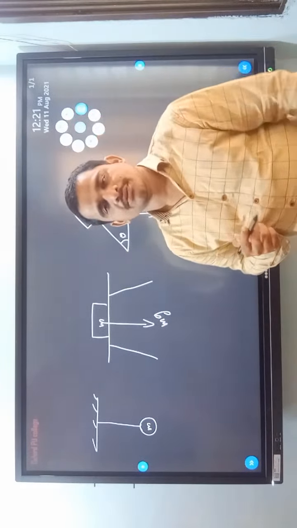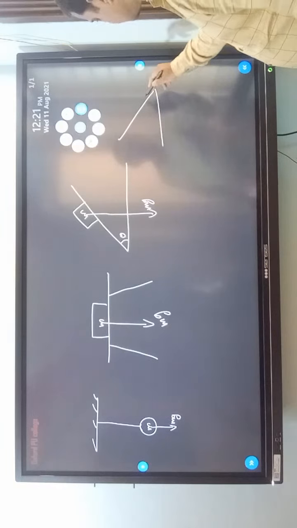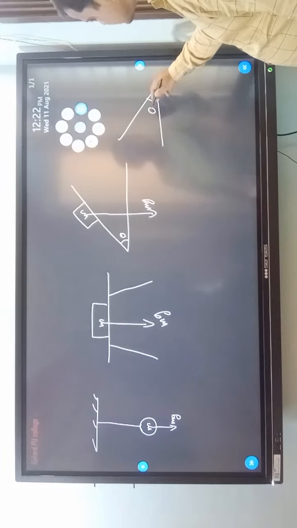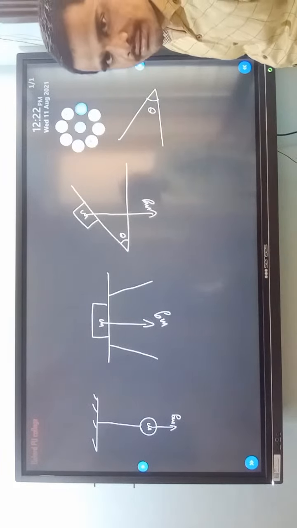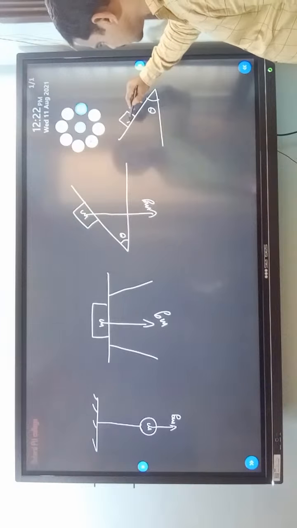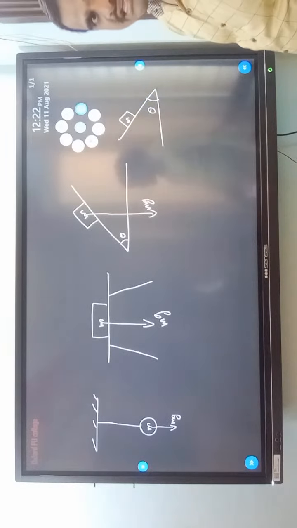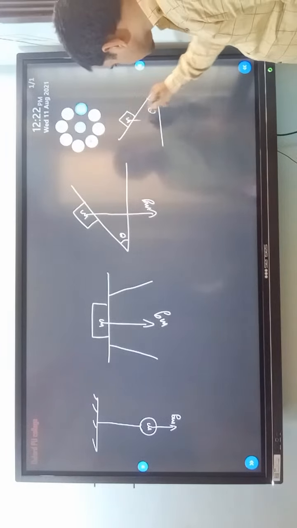Or I'll draw the same inclined plane like this. Again I'm taking this as an inclined plane. If you observe here, this is a block of mass m. Even on this, the weight acts vertically downward only.